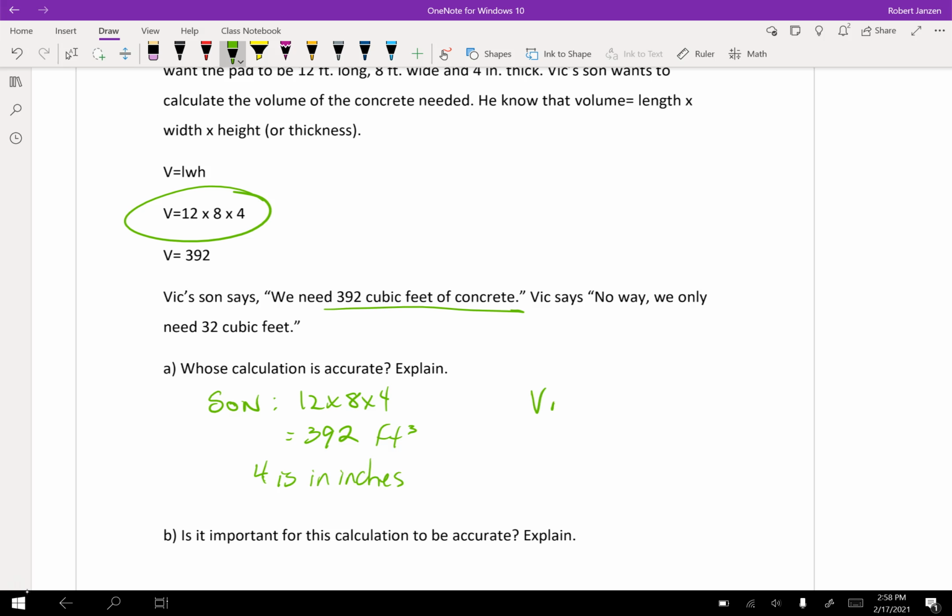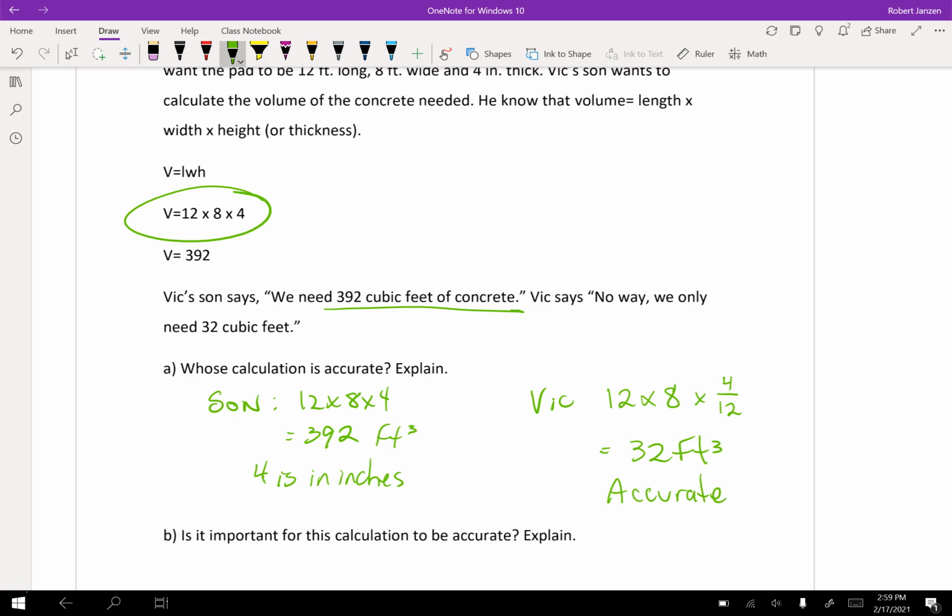So I think Vic has figured that out. He's going to say, let's go 12 times 8, but it's not 4 we're multiplying by, it's 4 out of 12, right? 4 inches out of 12 inches, that's how much of the foot. And so this is going to be 32 feet cubed. This is accurate.